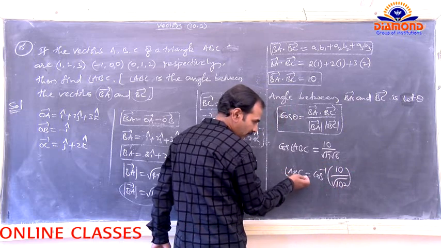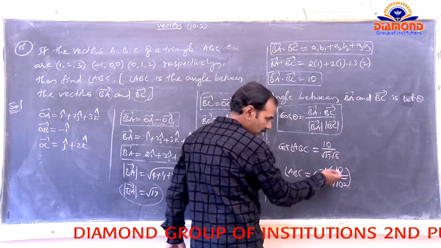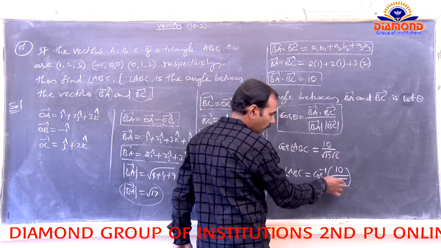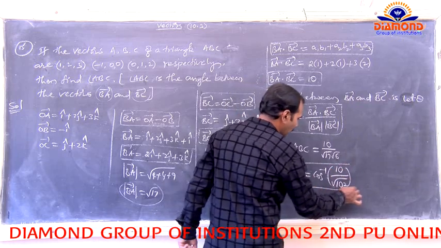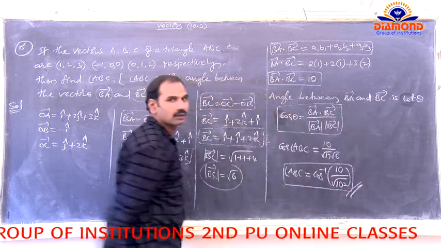Angle ABC is cos inverse of 10 divided by square root of 102. This is your answer. Right.